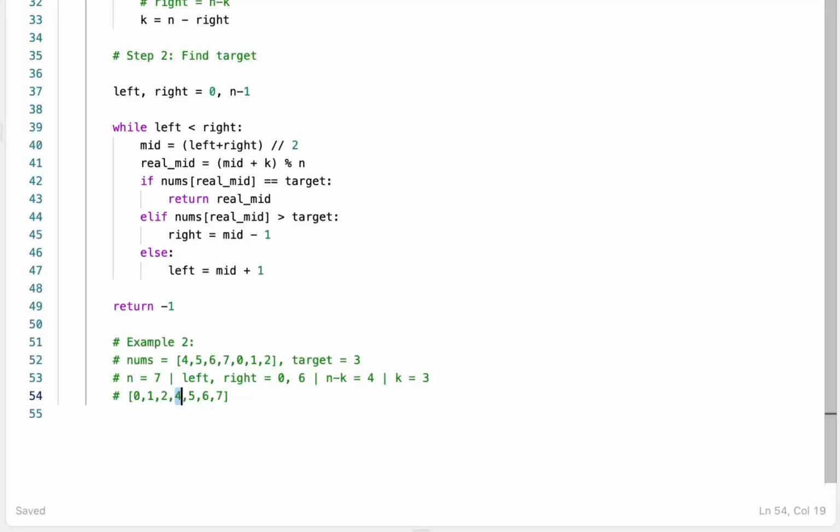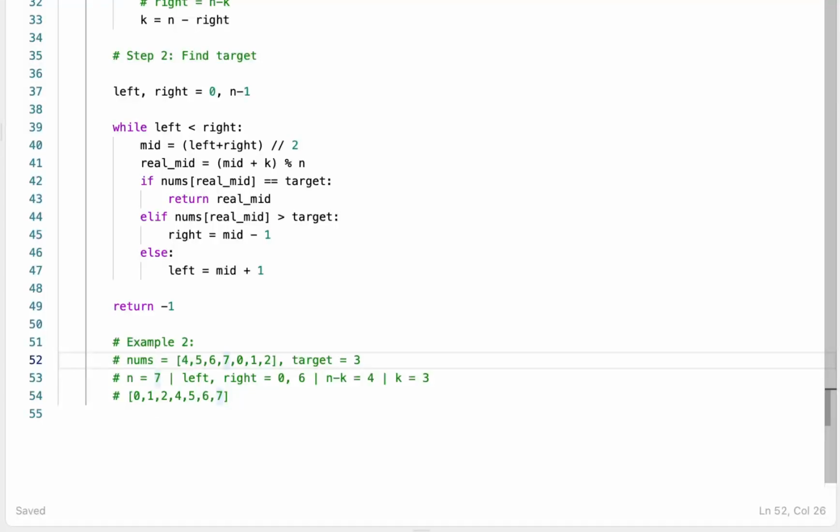So our right becomes mid minus 1, right? Is it a good thing to actually, so mid minus 1, and our mid was actually, sorry, mid was 3, so mid minus 1 is 2.